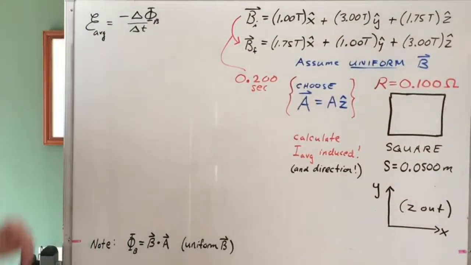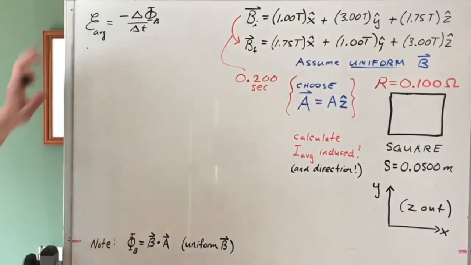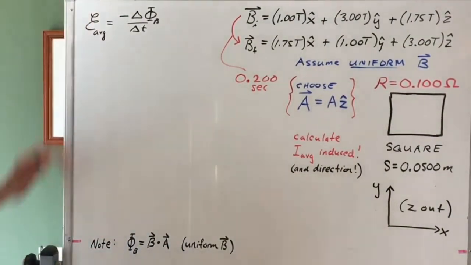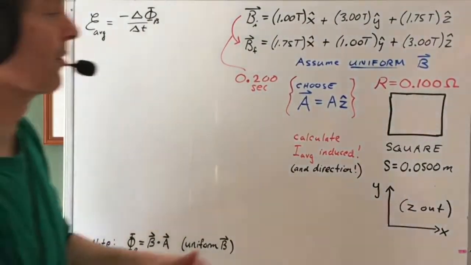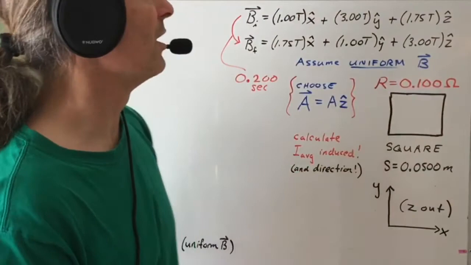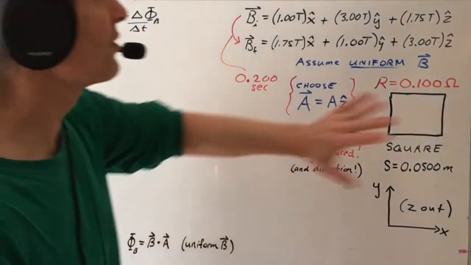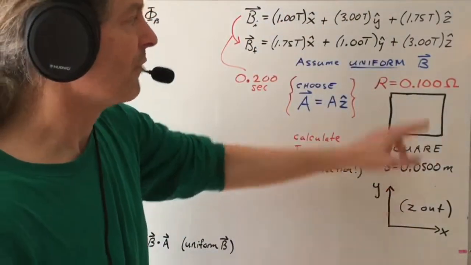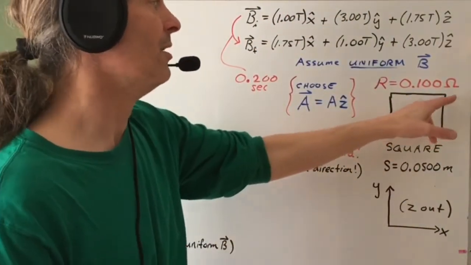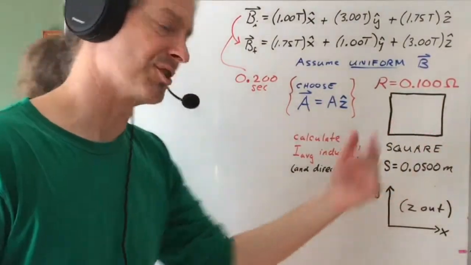Okay, so let's go. I can replace the average induced EMF, the average induced voltage, with the current going through this resistor times the resistance of that resistor. Basically what we're imagining is, there's no power supply here. But if we did have a power supply, we'd have voltage gain across the power supply and a voltage drop across the resistance of the loop.